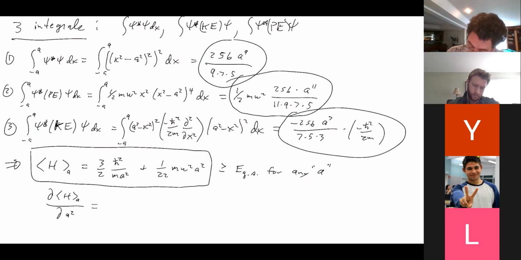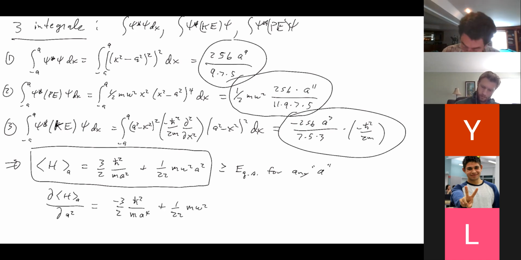So I'm going to take the derivative with respect to a squared. And when you do that, this is what you get: negative 3/2 h bar squared over m a to the fourth plus 1 over 22 m omega squared. Now I set it equal to 0.